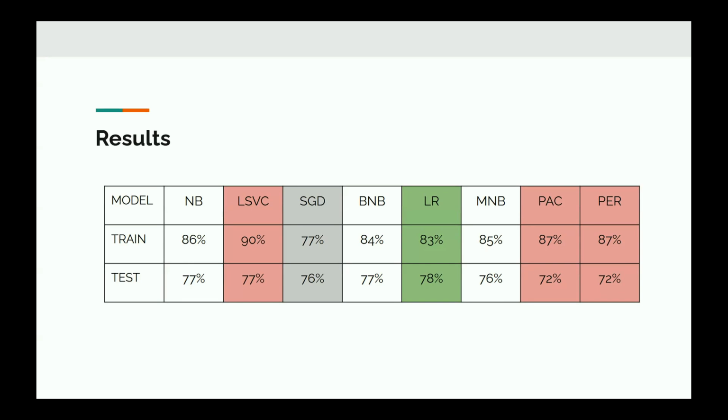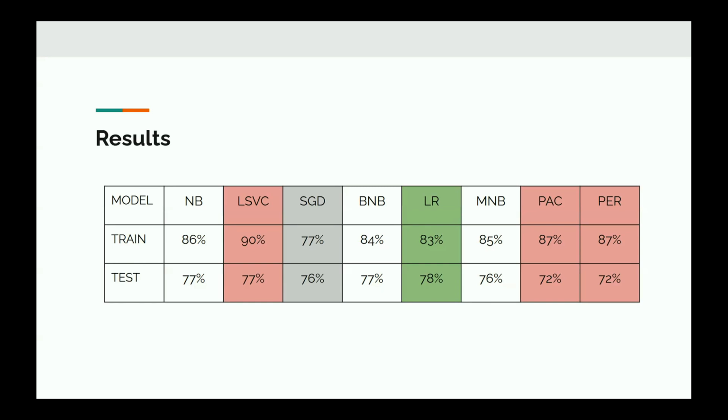The linear SVC model, as you can see here, initially looked very promising with a high training accuracy of 90%, but this didn't entirely translate to new data, where it dropped to 77%, as you can see here in the testing accuracy. While it performed well in learning from the initial data, it struggled with the new samples.